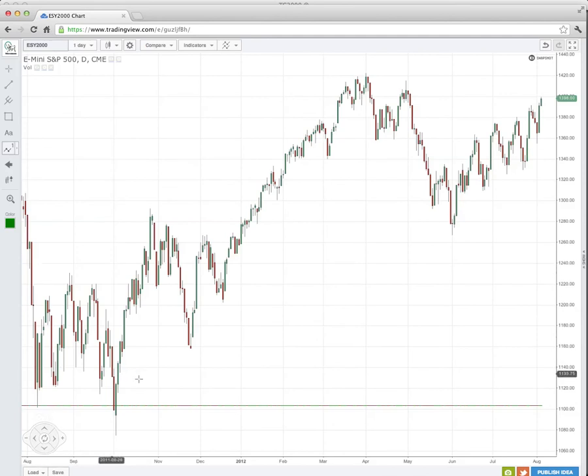Okay, let's just start. Right here, the uptrend in prices didn't really start till right here. So I'm going to think that's wave one.